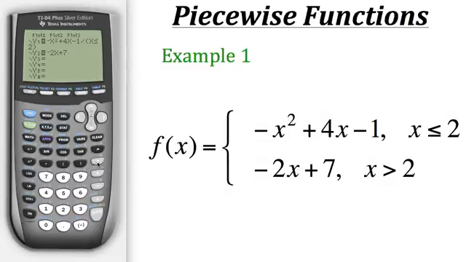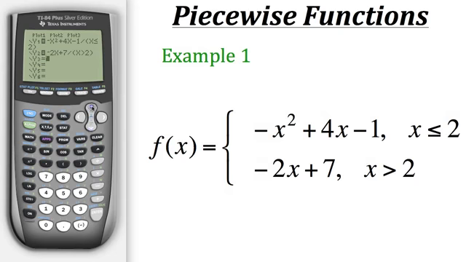So to do that, we'll just hit divide, and then in parentheses, put in x, and then now we need to go back to our test again, so second math, and then put in the greater than symbol, and then now 2, and then close the parentheses. So now with our y2, we have the second part of our piecewise function. We have negative 2x plus 7, and then we set the condition of x being greater than 2.